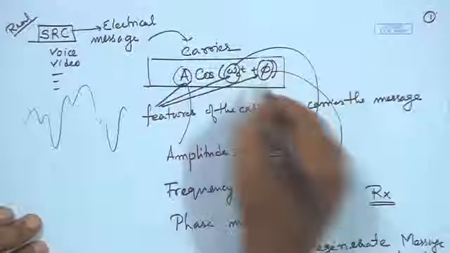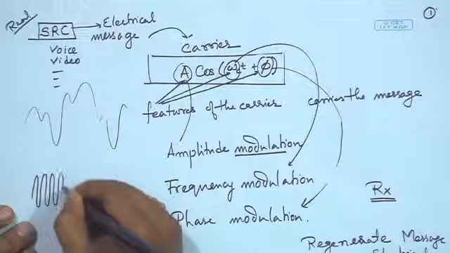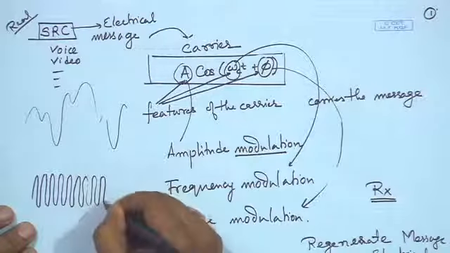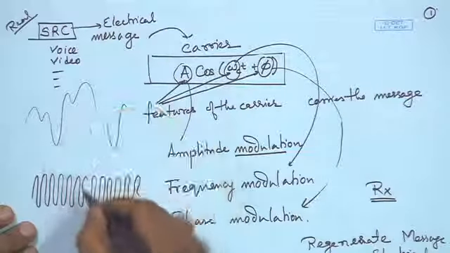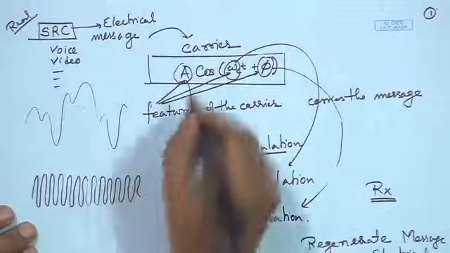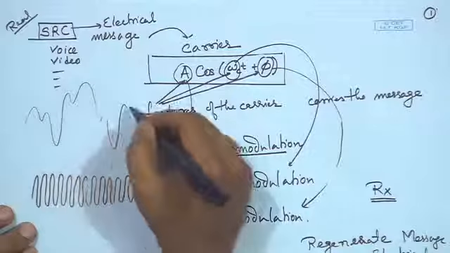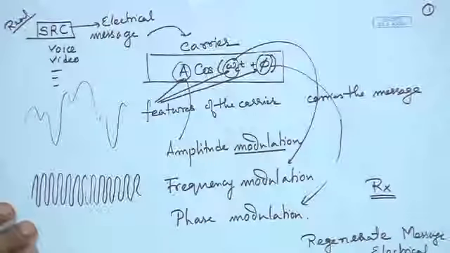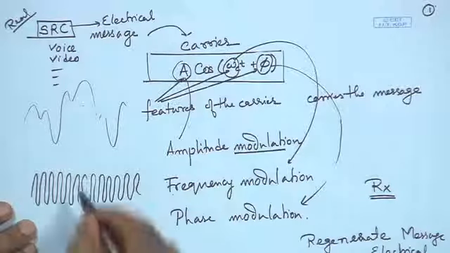Typically our message, this electrical signal, could take a shape like this, a continuous variation, and the carrier, as you can clearly see over here, has a much higher frequency compared to the speed at which the message varies. When this is imposed onto the carrier, if we talk about amplitude modulation, then you would apply some scaling factor so that it does not cause a reverse swing. You can still do it, but generally you would not allow the signal to go to the opposite phase within the modulation period, and you would limit the amount of modulation.